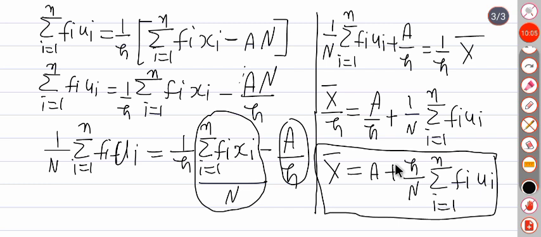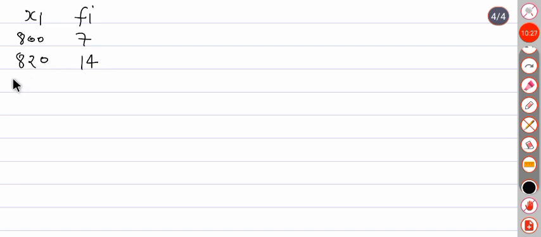The example is this. I am taking observations and fi. 800 has frequency 7, 820 has frequency 14, 860 has frequency 19, then 925. I am writing without speaking here.